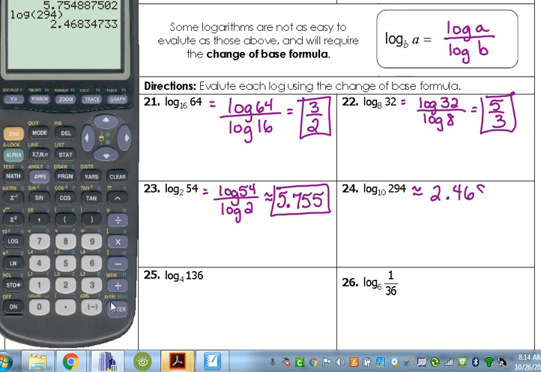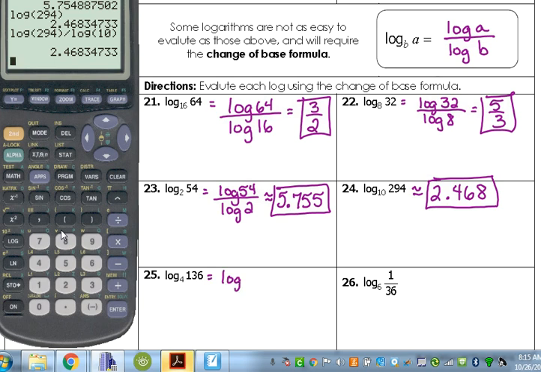Now, if you were just on the change of base train and you went ahead and did it anyway, you're still going to get the right answer, because the log of 10 is just 1, because 10 raised to the first power is 10. So it doesn't change your answer. It's not going to mess you up if you use the change of base, but I just wanted to point out that you really didn't have to.